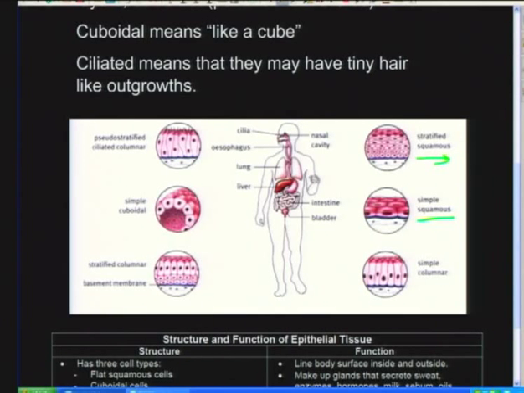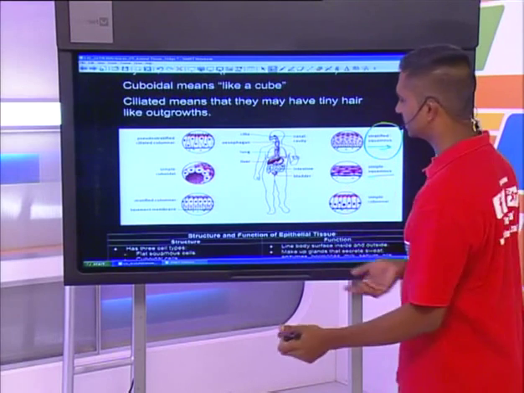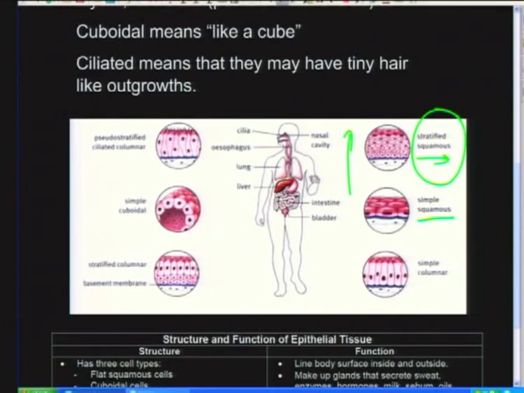We saw squamous epithelium. When it becomes stratified, stratified basically means that the tissue is layered. Here you can clearly see the basal membrane, or basement membrane, and from that new cells are produced.